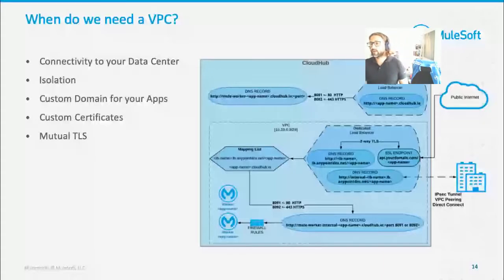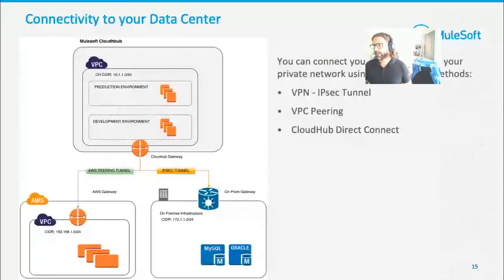First of all, the connectivity to your data center. The applications that you will be deploying to CloudHub are normally integration applications or APIs. So in many cases, these apps require access to private resources or backend systems hosted in your data center, either on-prem or in the cloud.